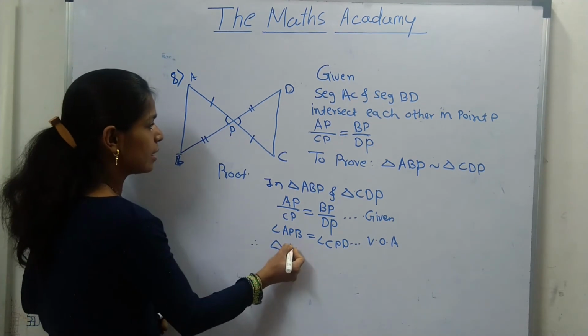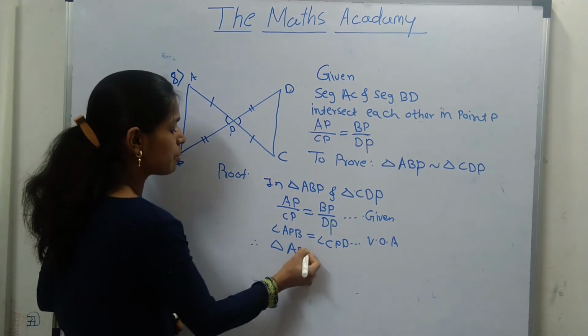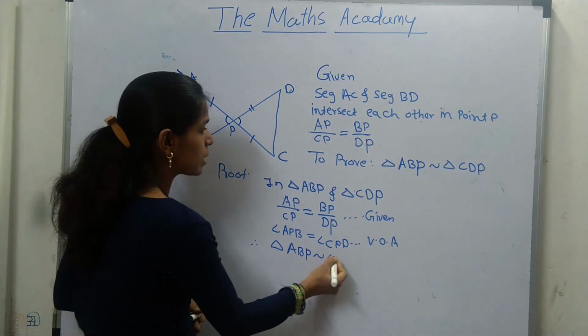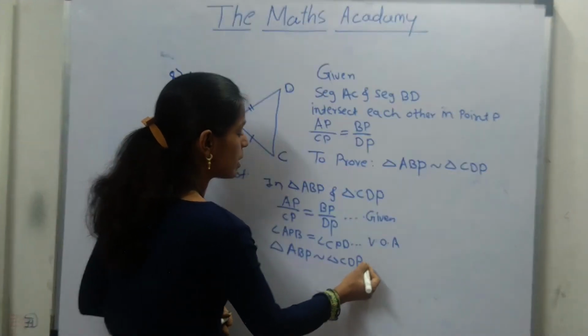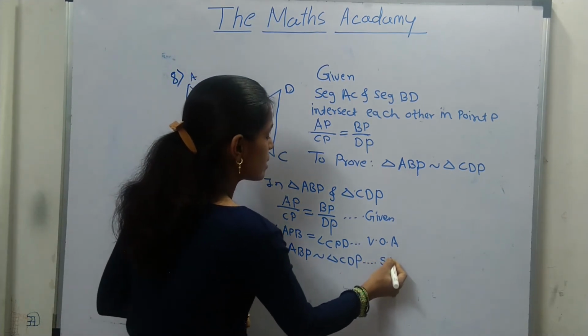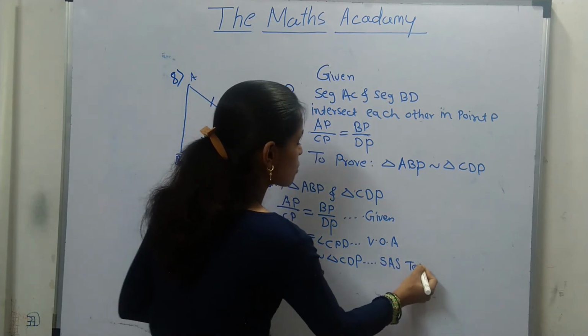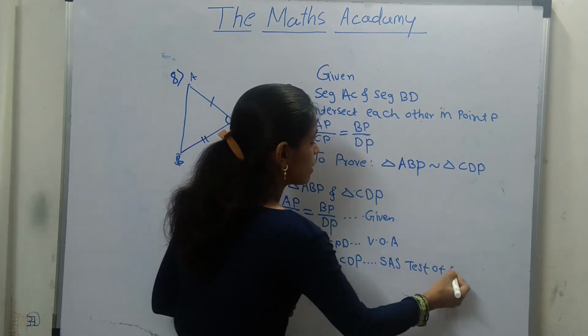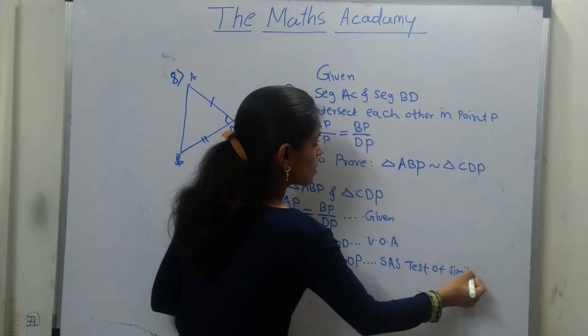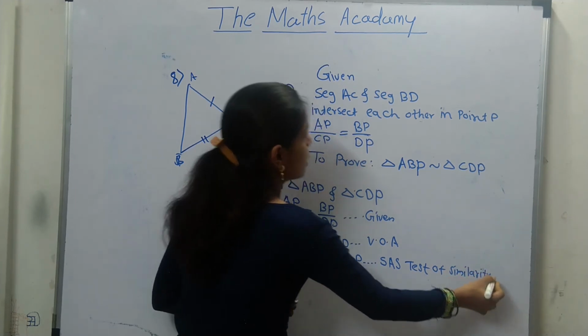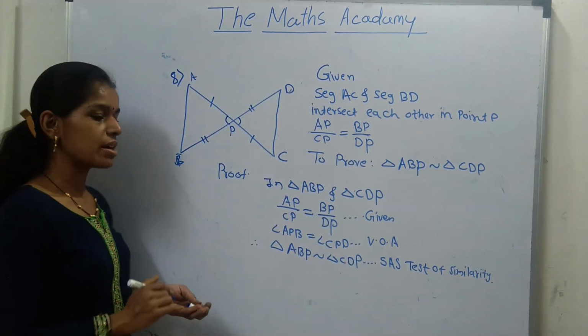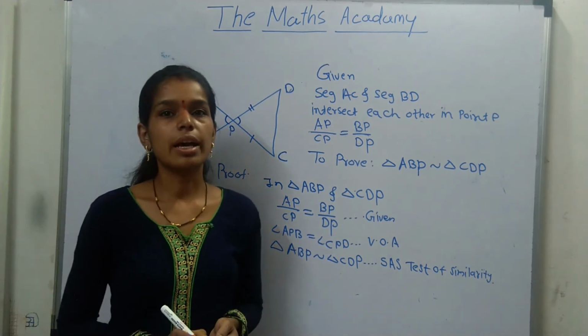Therefore, triangle ABP is similar to triangle CDP by the SAS test of similarity. Now after this, that was your 8th example. Let's go towards the 9th example.